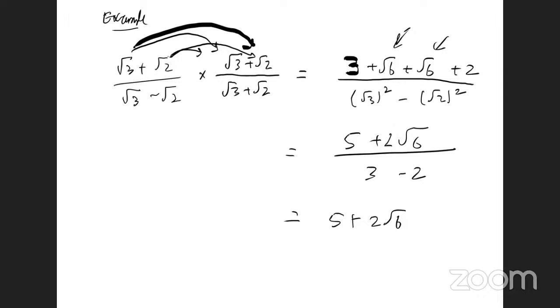So since you're practicing, let's just try one more. Let's make a mistake. You put root 2 by root 2 is 4.